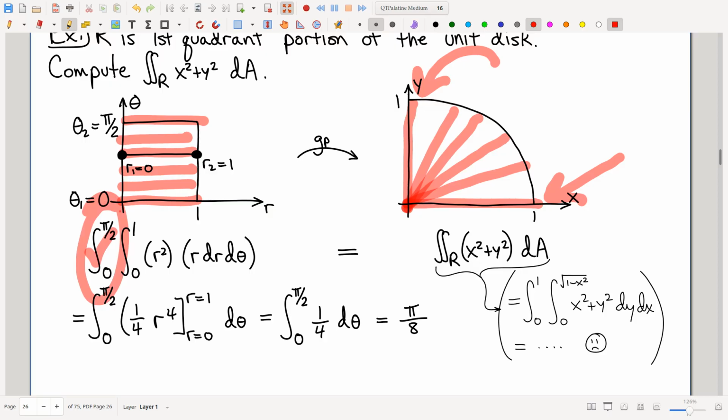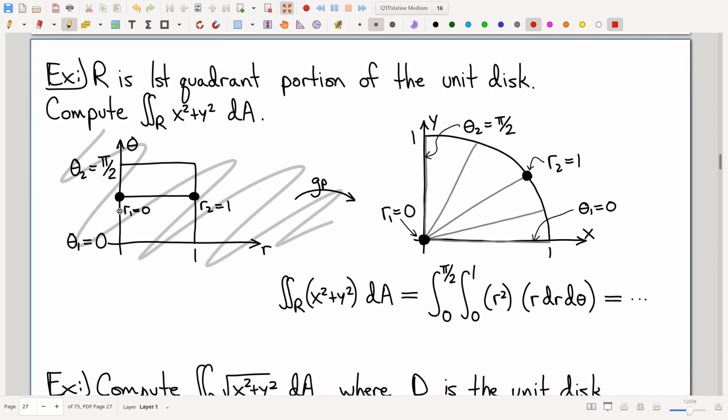So what's nice is you don't have to redraw your domain. Here's the same exact analysis we did in the last example, and notice I've got this all scratched out. You don't even need to draw the pullback. If you want to know how to slice that, just think about it over here.